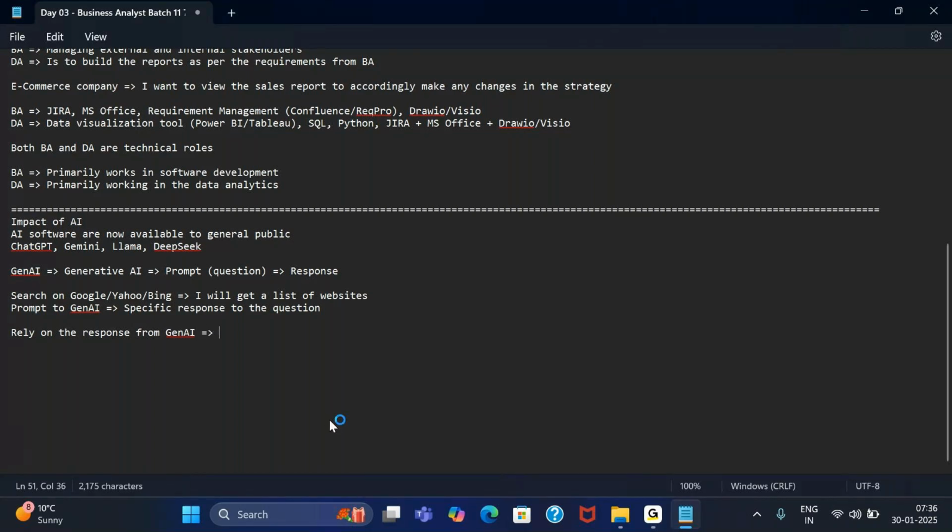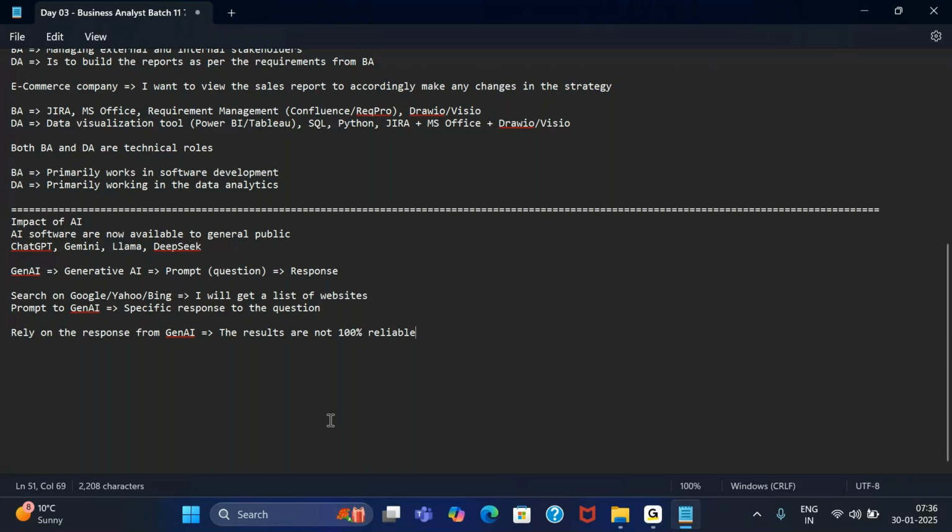To be honest, even earlier when I was using ChatGPT or any other AI tools, they would just give you a prompt to ask a question and show you the response. Even they have added a disclaimer that the results are not 100% reliable, so you cannot say that whatever response I am getting is 100% correct.